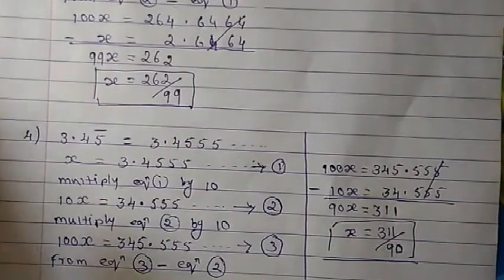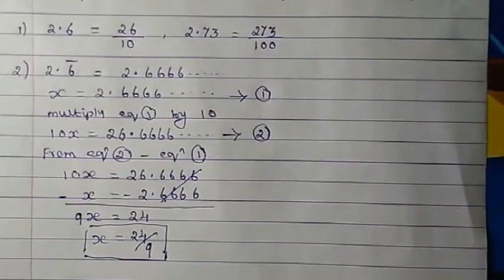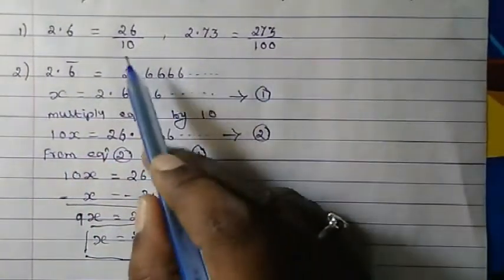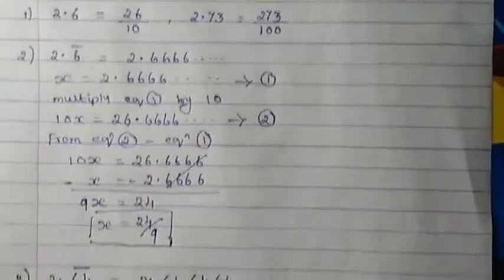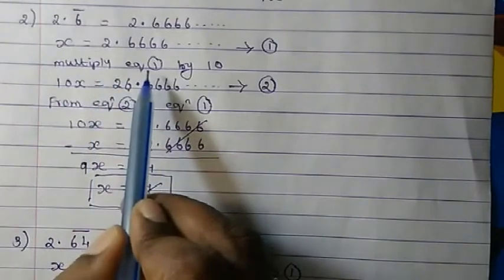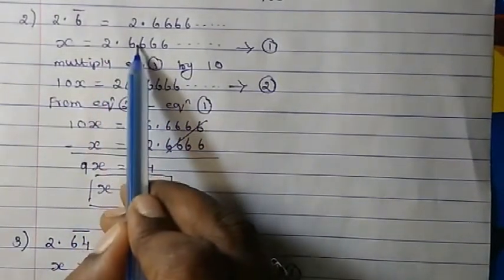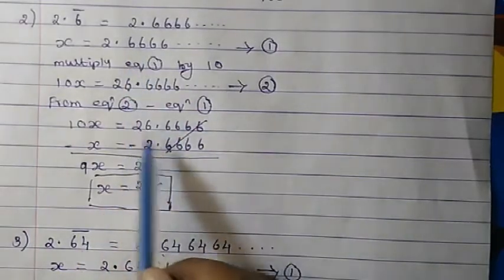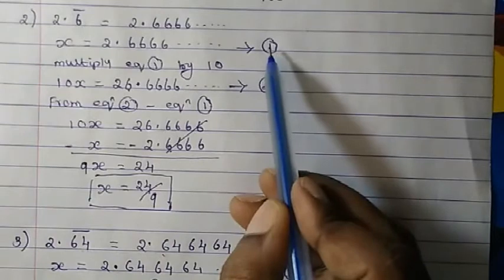Just have a look. All that we do, you have to just remember the method. When it is simple, you just see how many digits are there. Accordingly, you add the 0. And when one digit is being repeated, we multiply that by 10. So we shift this decimal one digit ahead. And then the rest, you minus equation 1 from equation 2.